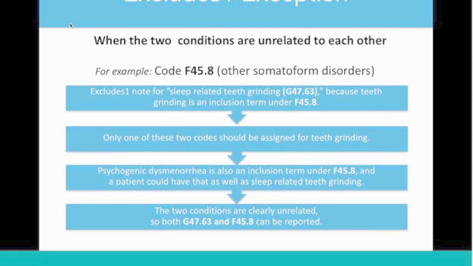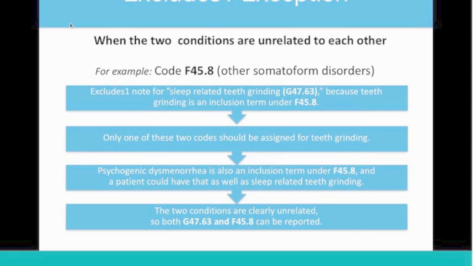There's a change when it comes to Excludes1 exception. An exception to the Excludes1 definition is the circumstance when the two conditions are unrelated to each other. If it is not clear whether the two conditions involving an Excludes1 note are related or not, query the provider.